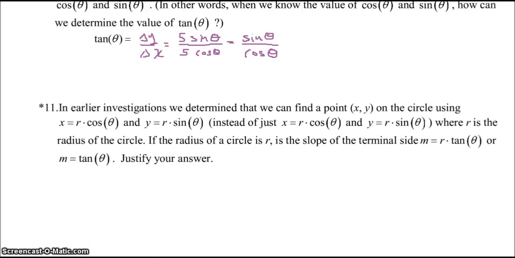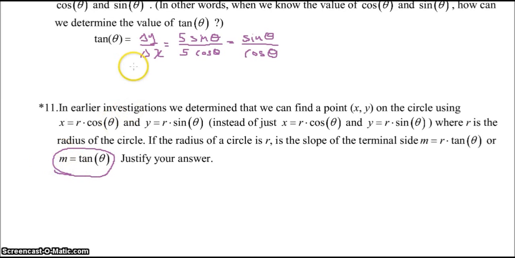In earlier investigations, we determined that we can find a point (x, y) on the circle using x equals r cosine theta and y equals r sine theta, where r is the radius of the circle. If the radius of a circle is r, is the slope of the terminal side m equal to r tangent theta or m equal to tangent theta? So the answer is tangent theta.